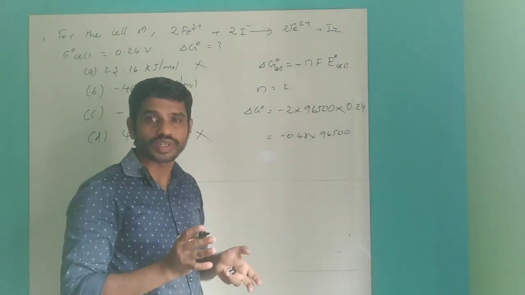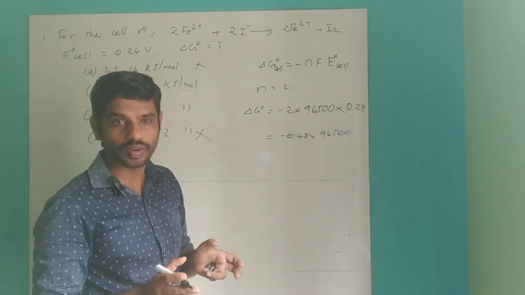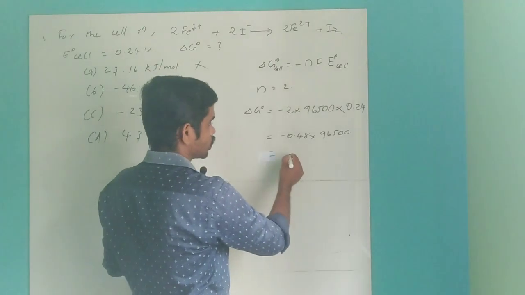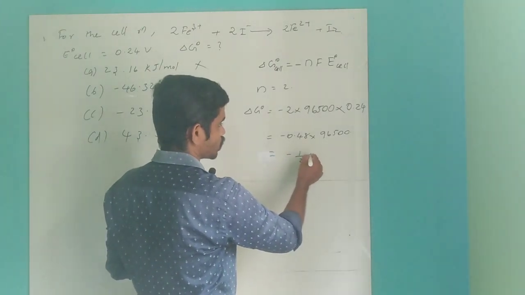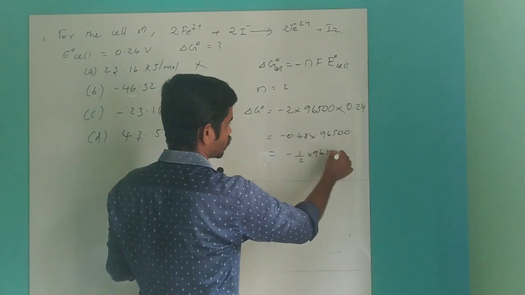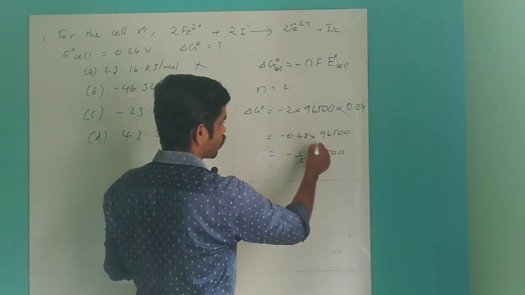I am taking this as almost 1 by 2, so minus 1 by 2 into 96500.